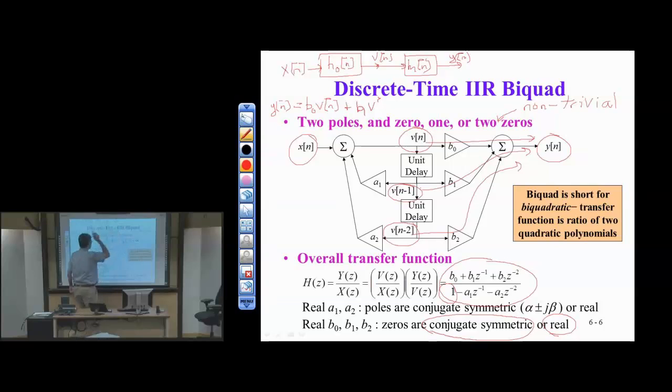This is nothing but an FIR filter, and the transfer function is going to be a polynomial in non-negative powers of z.